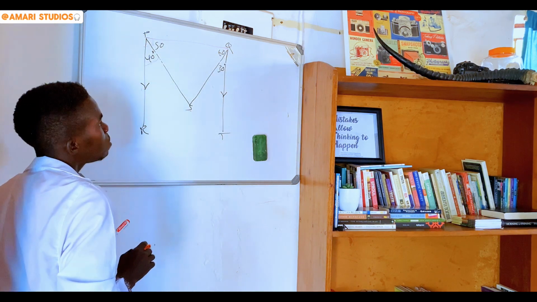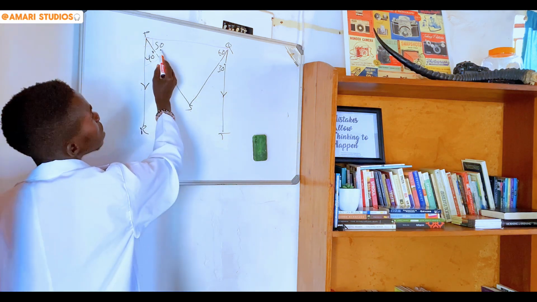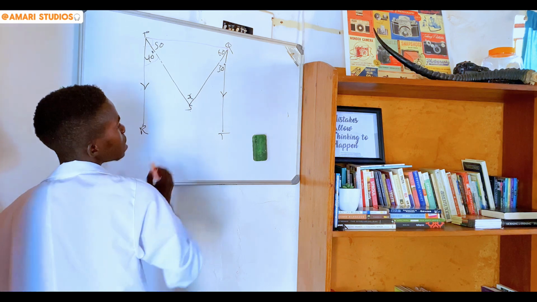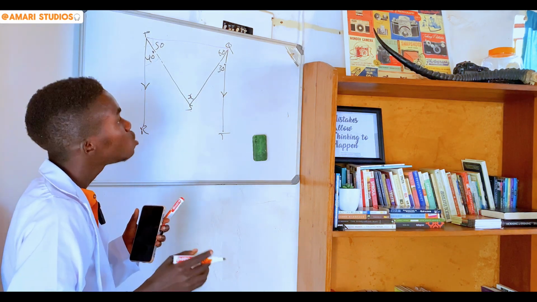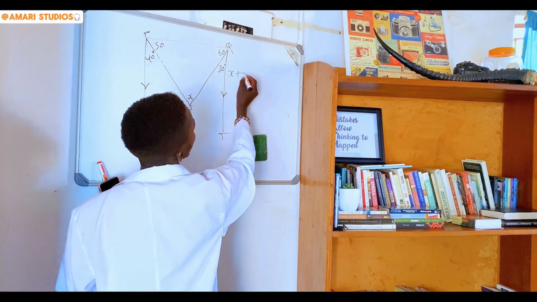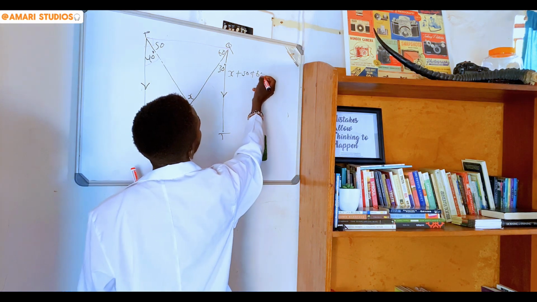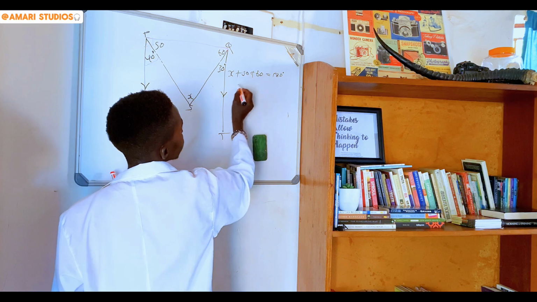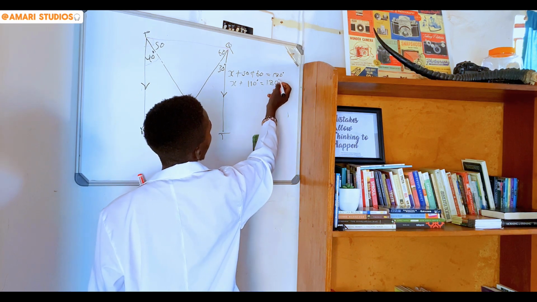For us to find PSQ, this is a triangle that has been formed, so we are going to add 50 plus 60 plus this angle here, which will be labeled as X. All these will be equated to 180 degrees because angles in a triangle add up to 180 degrees. So X plus 50 plus 60 is equal to 180 degrees. Then 50 plus 60 gives us 110 degrees.